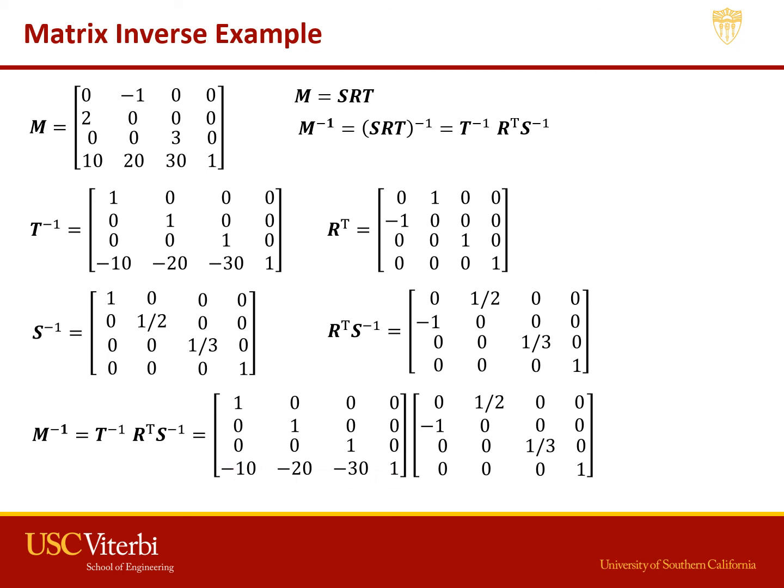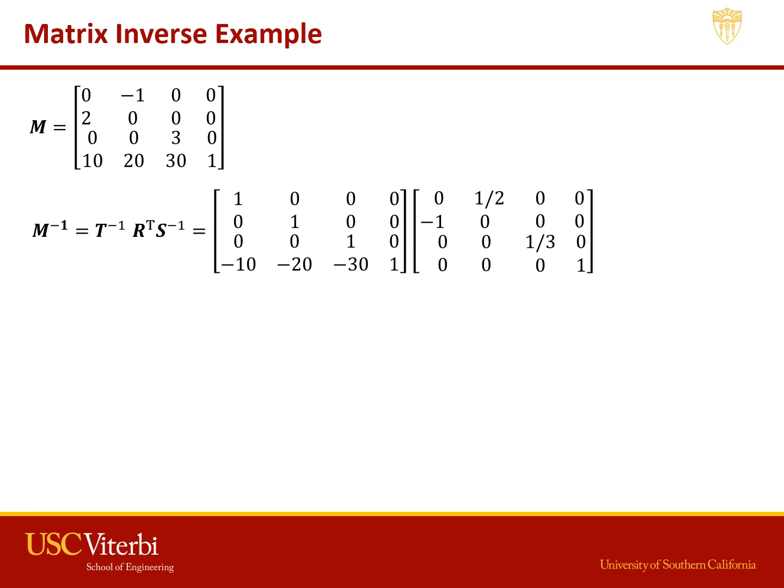So if you see, we're going to get -10 times 0 plus -20 times -1 plus -30 times 0, 1 times 0. So we had a -20 times -1. So that 20 is going to go in this first thing. See that? So we multiply it all out. Here we go. I've got it rewritten here.